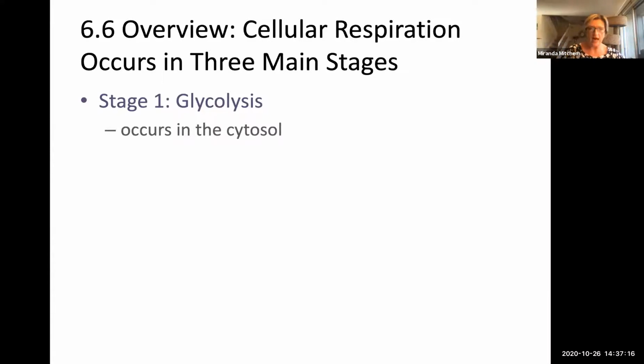It's happening outside of the mitochondria. It is the beginning step of cellular respiration. This is true for both aerobic and anaerobic cellular respiration. Glycolysis is in both pathways, aerobic and anaerobic.